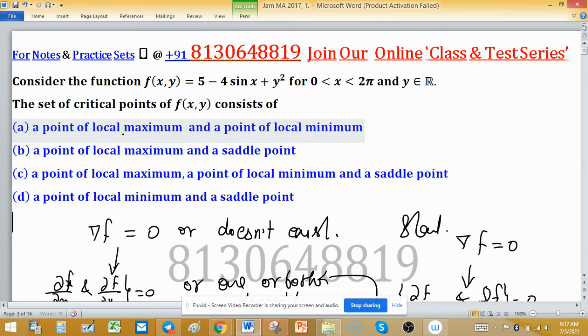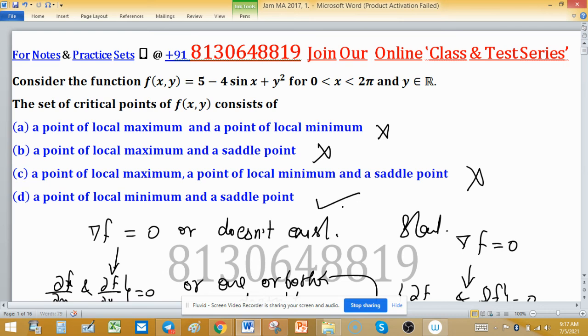The first option says local maximum, so we discard it. Again, another option with local maximum is discarded. Option C, local maxima, minima and saddle point, is also discarded because of the local maxima. We have only two natures, minimum and saddle.